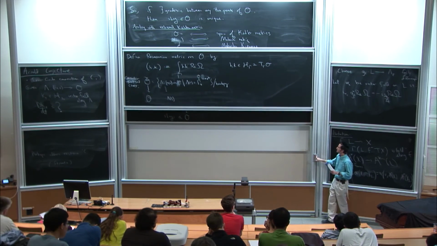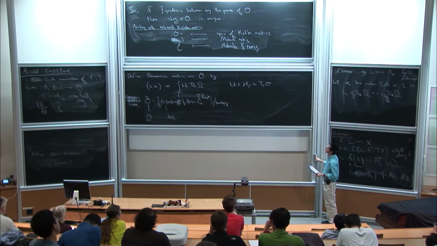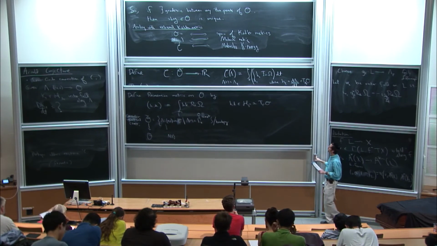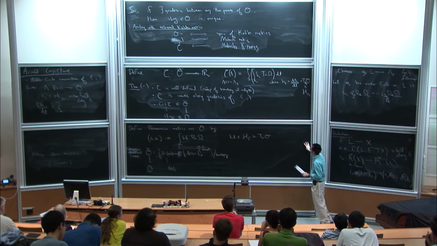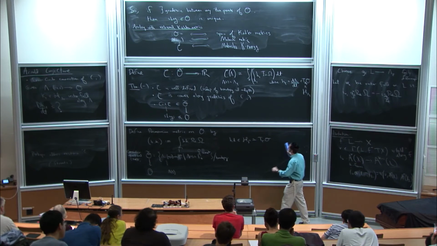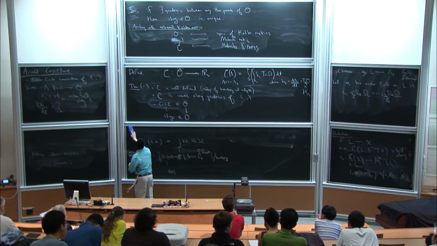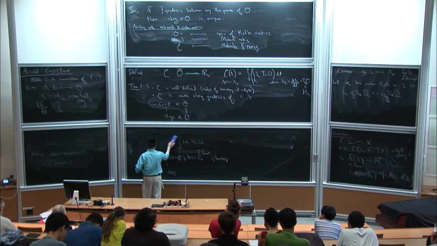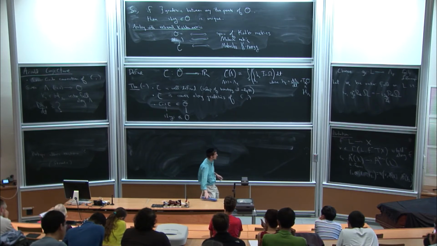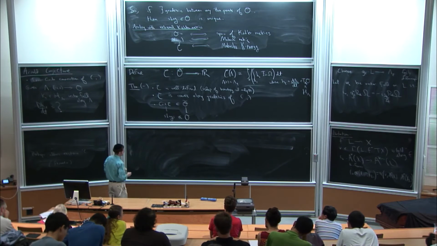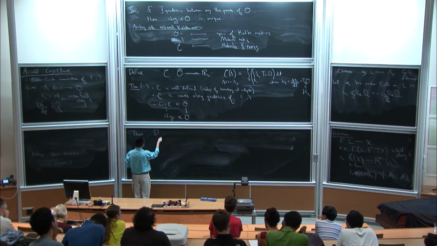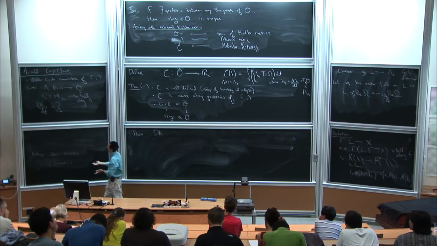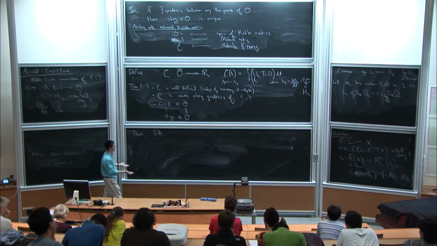Haven't yet written the definition of the connection, but okay, so the answer to the question of what the connection is: the covariant derivative should be a vector field, again, along this path.